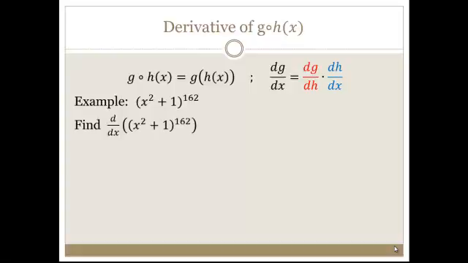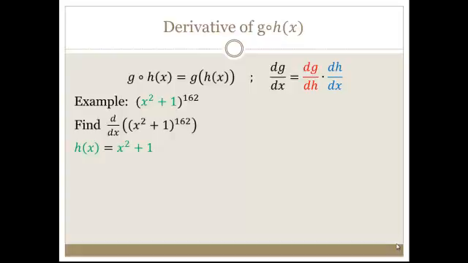To find the composition, we need to think about what happens to x first. Inside the parentheses, first we compute x squared plus 1. So our inside function h is the function h of x equals x squared plus 1. We then need to think about what happens to our function h, which is x squared plus 1.